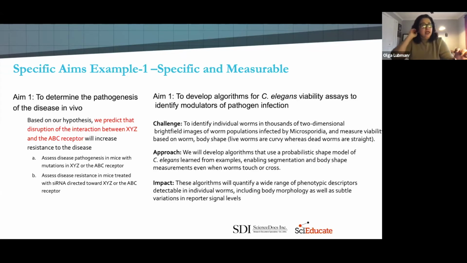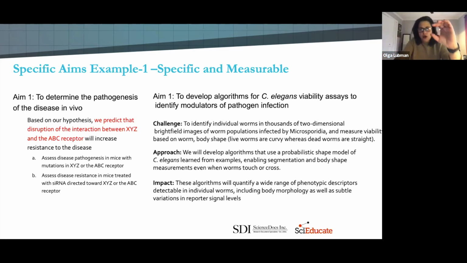And then another way to weave your potential impact into the aim is illustrated in this example. Here, what they've done is underneath the aim, they've split it into the challenge, approach, and impact. So this aim is to develop algorithms for C. elegans viability assays to identify modulators of pathogen infection.